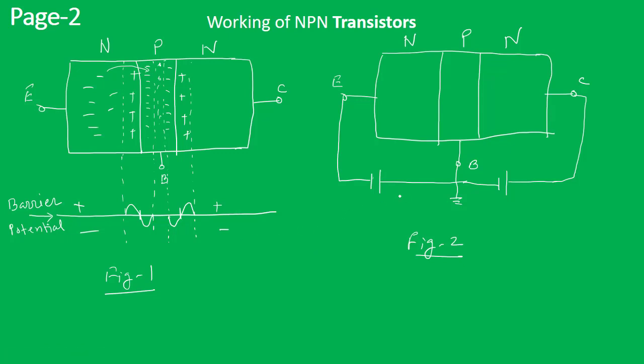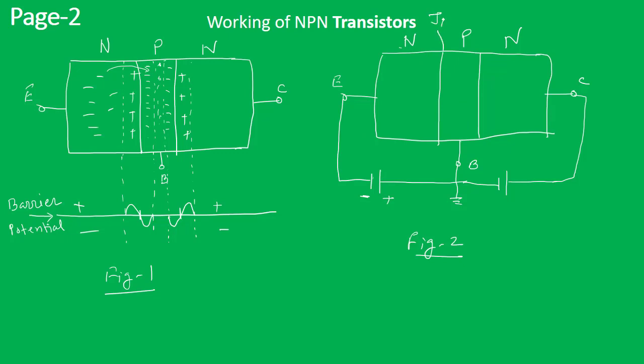Now let us consider a situation where we provide forward bias. This is our emitter, and we are providing forward bias to it. That means the negative of the battery is connected to the emitter, and our base is a positive material, so we are providing the positive bias here. So it is this base-emitter junction.